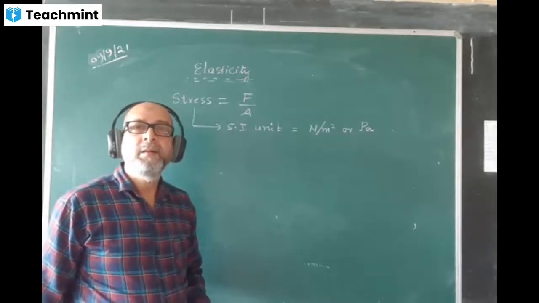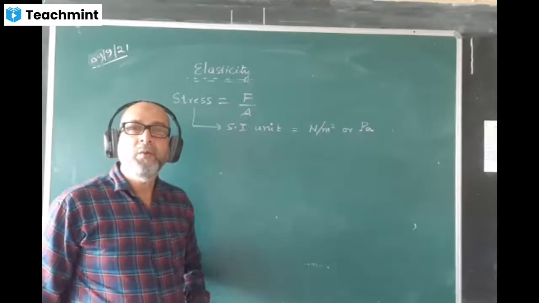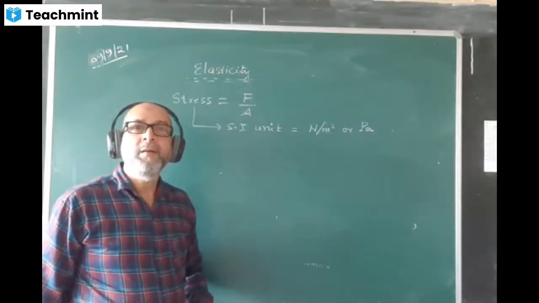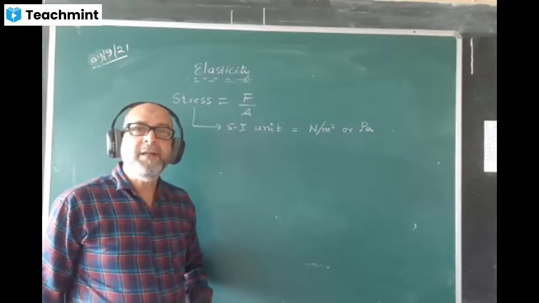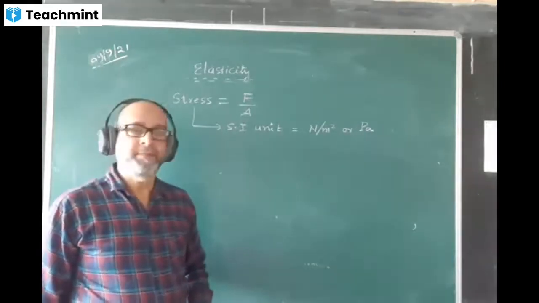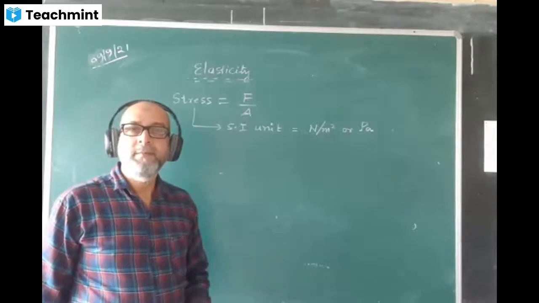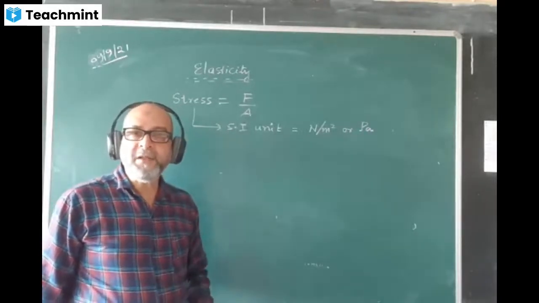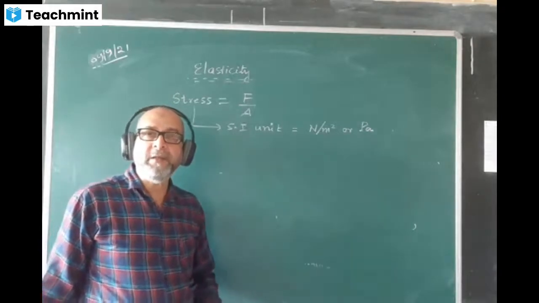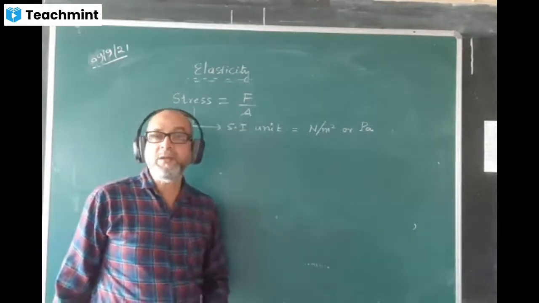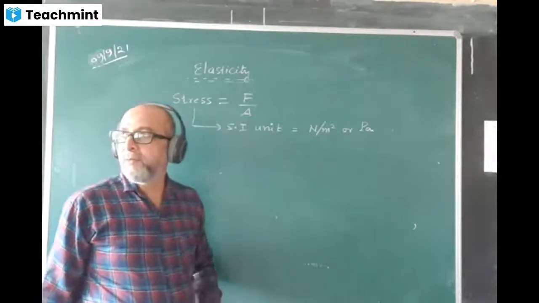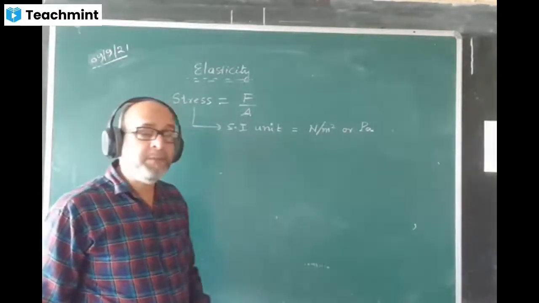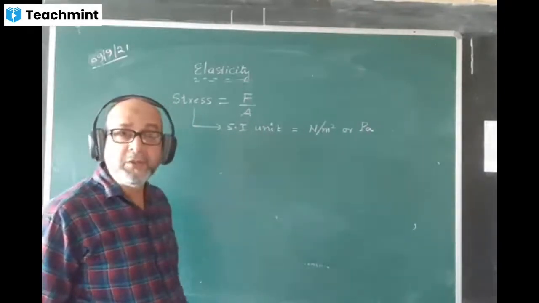Scalar. Scalar, because pressure is a scalar. I told you, it may have direction, but it is still a scalar. Like pressure and current, I gave two examples, which have unit and direction both, yet they are scalar. This is a kind of pressure, so it is a scalar.